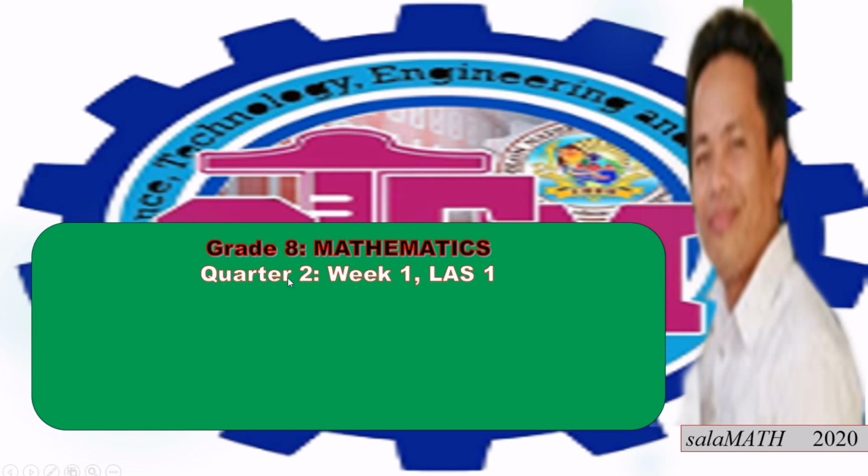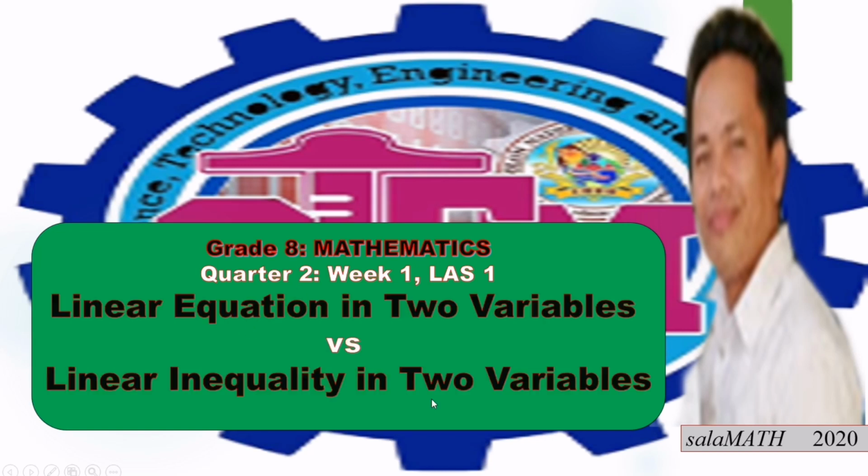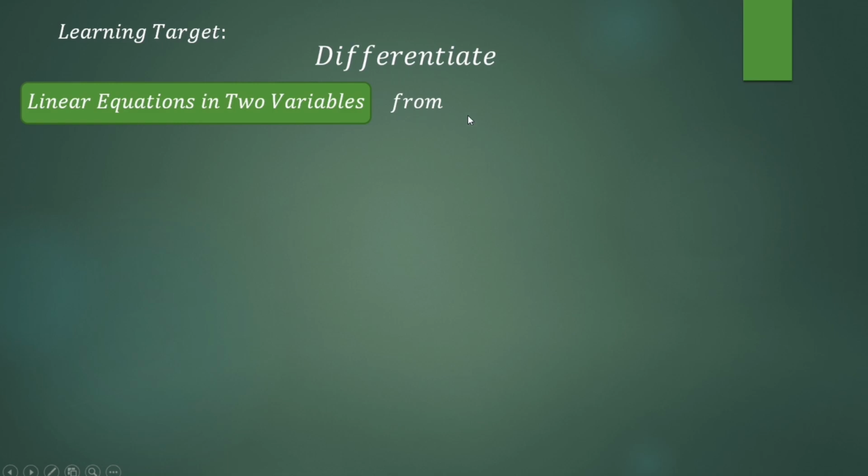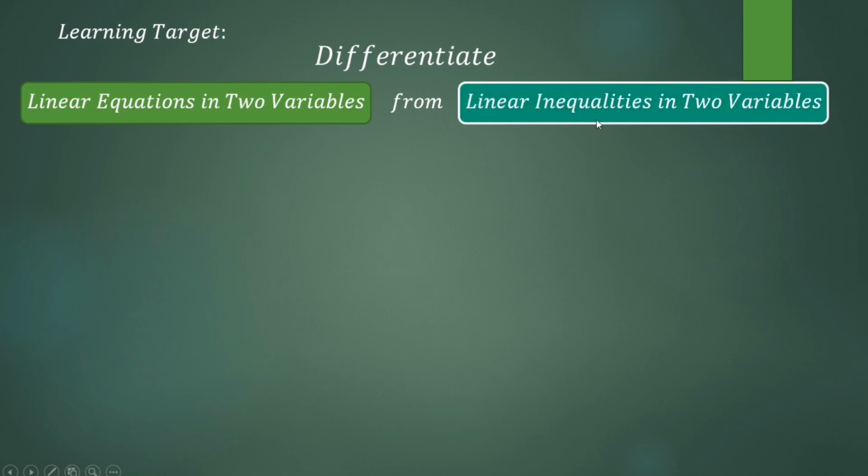Today's topic is the similarity and difference between linear equations and linear inequalities in two variables. Ang learning target natin dito is how will you differentiate the two, ano-ano ang mga similarities at pagkakaiba between the linear equation in two variables and linear inequalities in two variables.